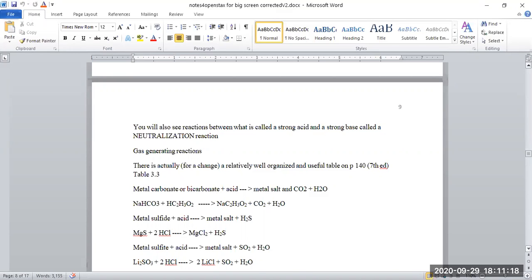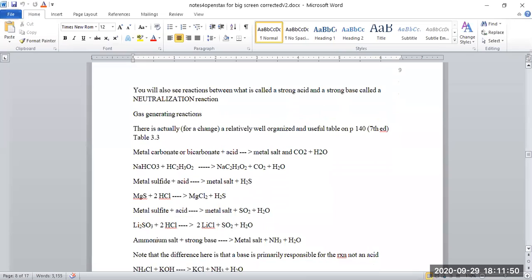Your textbook is not very great at the gas generating reactions concept. However, it is going to come up in lab because the dry lab, for which I filmed a whole bunch of little mini videos, that's referred to as the metathesis lab, has a couple of gas generating reactions in it. So this does pop up again.